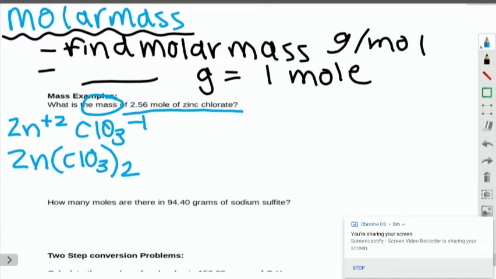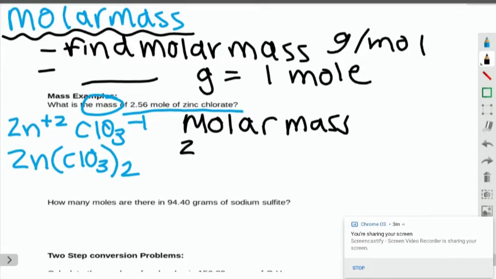So after you figure out the formula, like I said, I'm going to try to give you those formulas so you don't have to do that step. You will figure out the molar mass. So in this formula, we have 1 zinc, and we did this at the beginning of the chapter.